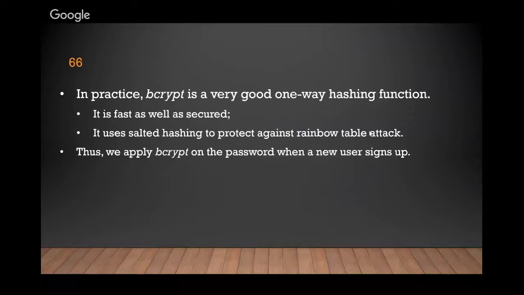So according to the first property, a one-way hashing function guarantees that if your input is different, your output is usually different. If your input is the same, of course your output should still be the same. So we have user A and user B, and they have the same password. So the plaintext will be A1 and B1, so A1 equals B1.